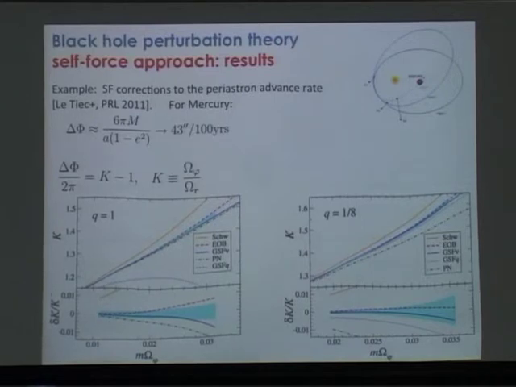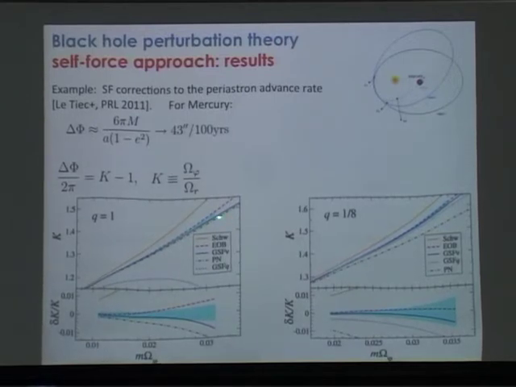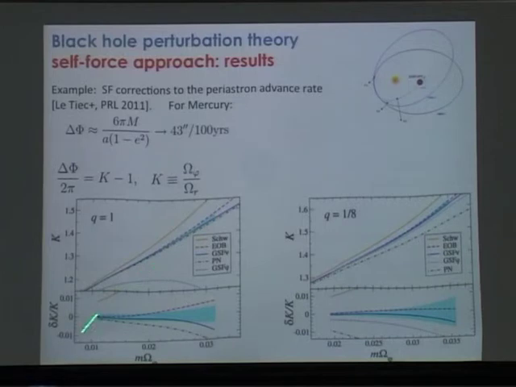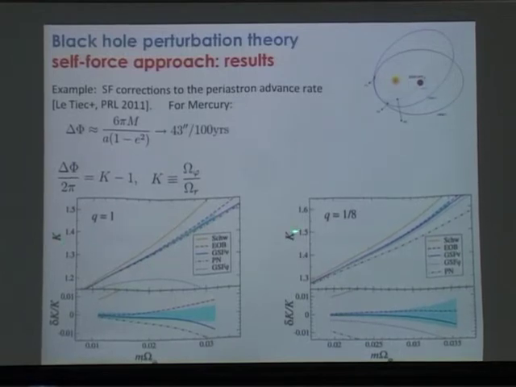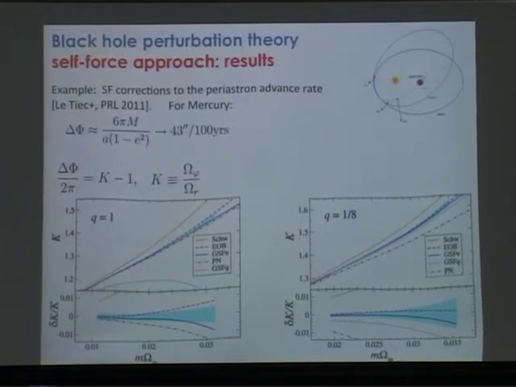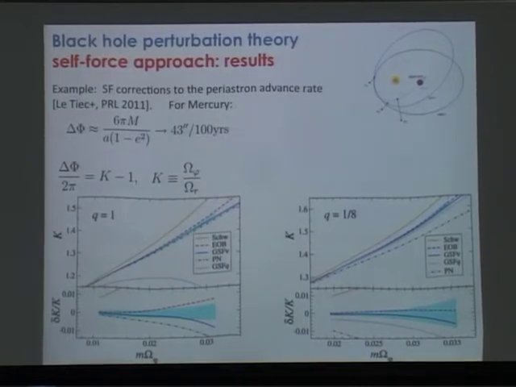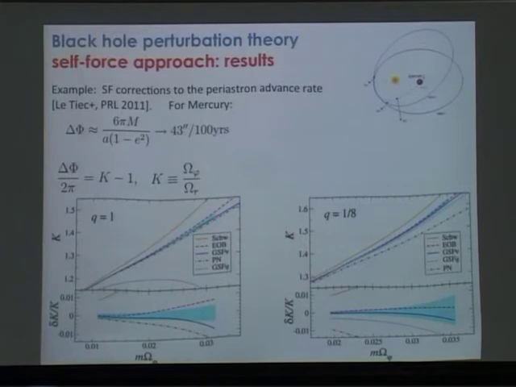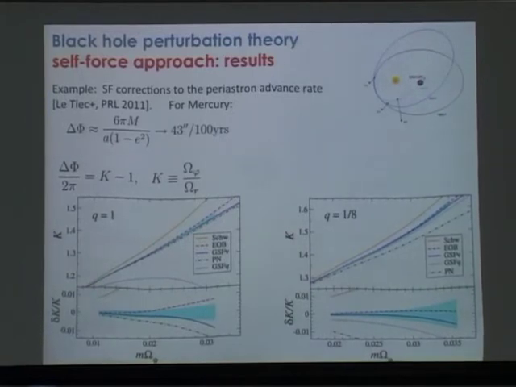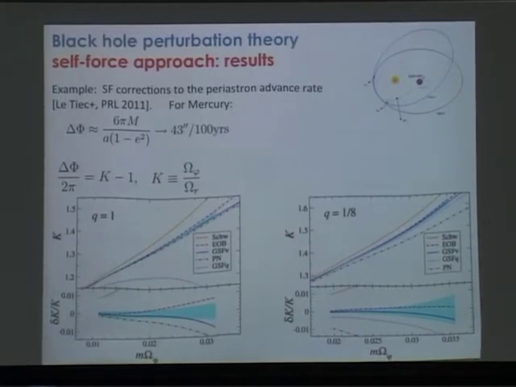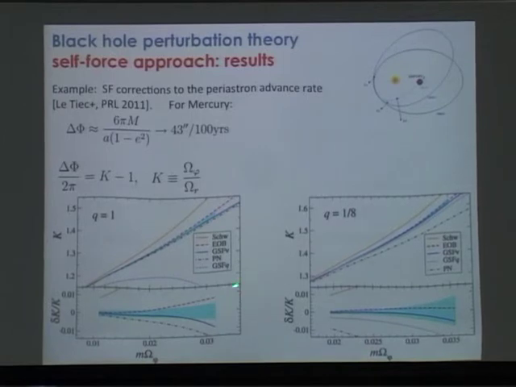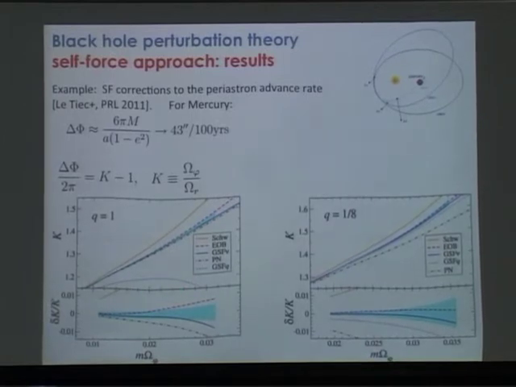In blue, you're essentially seeing the numerical relativity result, for an equal mass ratio and for a mass ratio of 1 to 8. On the bottom half, you're seeing the deviation from the numerical relativity result for different types of calculations. The regular Schwarzschild result doesn't do so well. The effective one-body approach, which we'll talk about later, does pretty well.